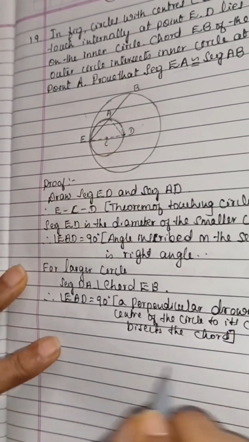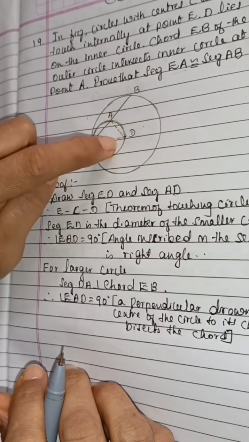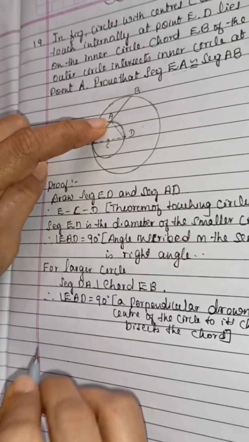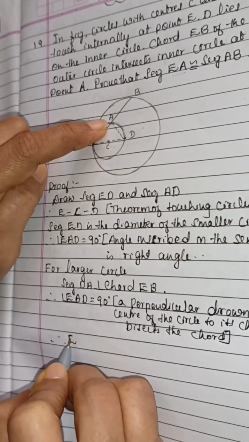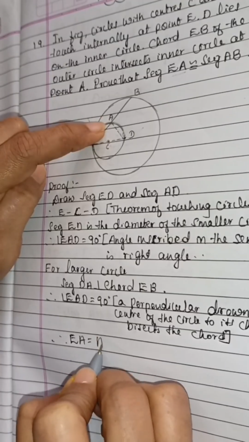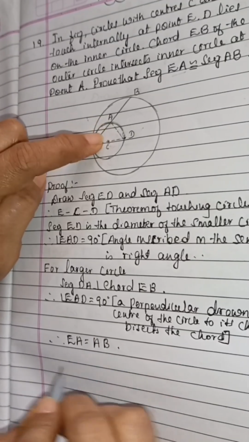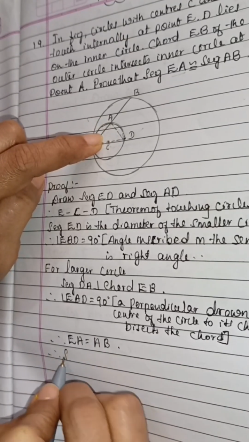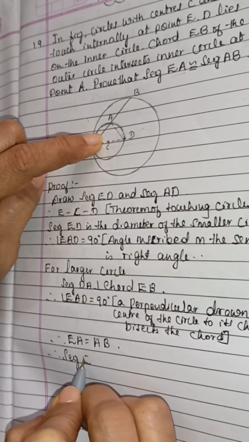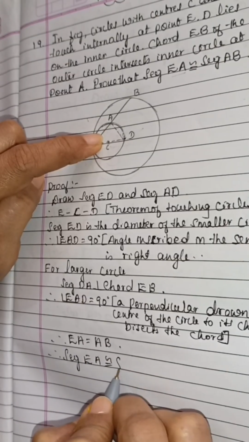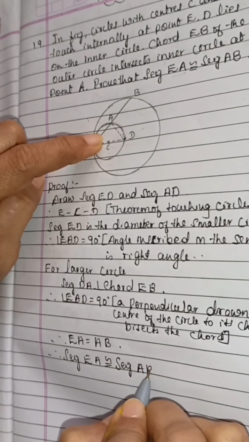Therefore EA equals AB. Therefore segment EA is congruent with segment AB.